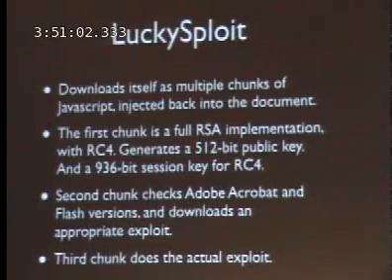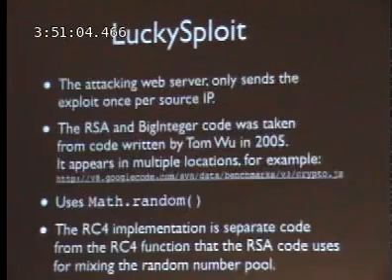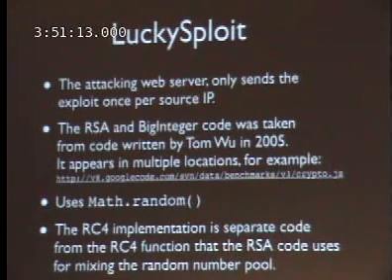The RSA code was written by Tom Wu back in 2005. You can get the code off of Google Code. It uses Math.random for filling the random number pool, which is somewhat significant if you feel like cracking the crypto.